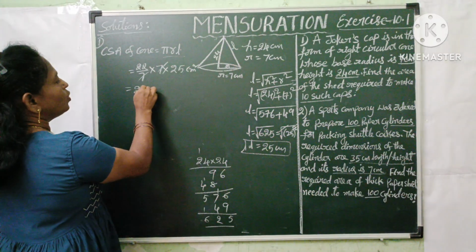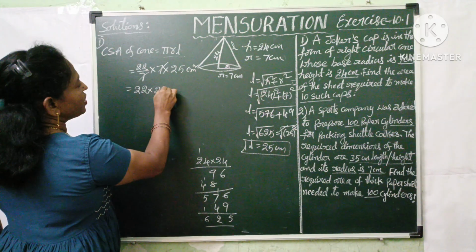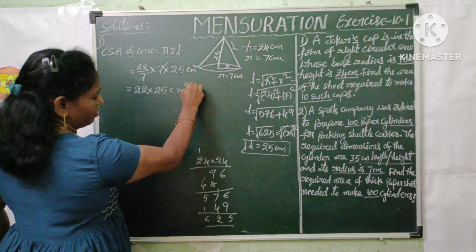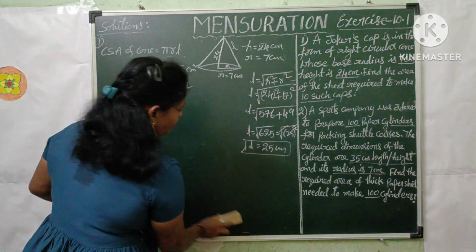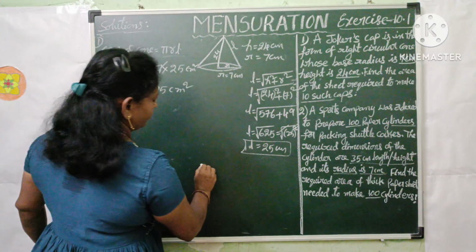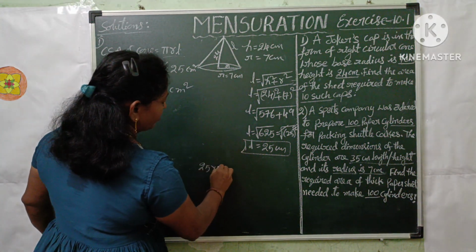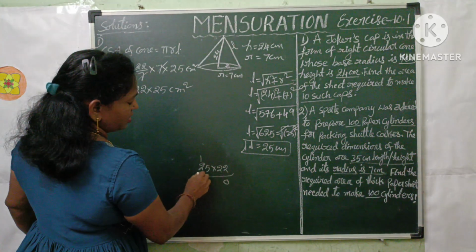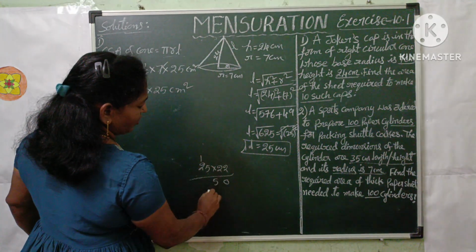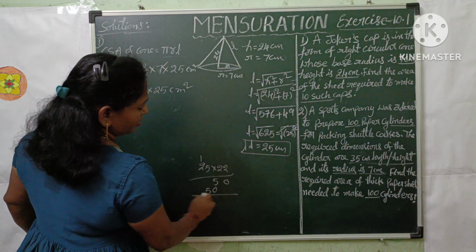Here 7 cancels, leaving 22 into 25 centimeter square. We need to multiply here. 25 into 22: 2 5s are 10, write 0 and carry 1, 2 2s are 4, 5. Again 50.